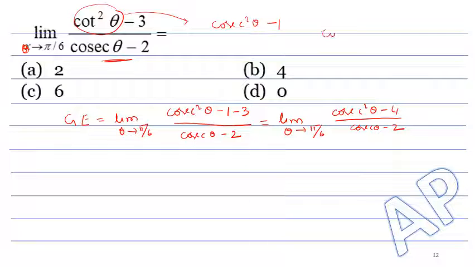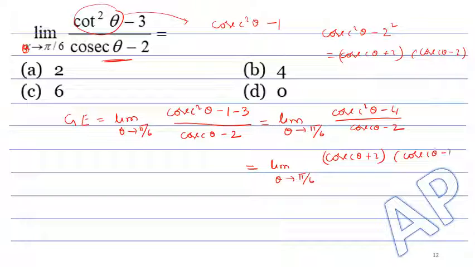You can observe the numerator cosecant square theta minus 4 is nothing but cosecant square theta minus 2 square, which can be written as (cosecant theta plus 2) into (cosecant theta minus 2). That is, a square minus b square is (a plus b) into (a minus b). Therefore, the given limit becomes the limit as theta tends to pi by 6 of (cosecant theta plus 2) into (cosecant theta minus 2), that is the numerator, divided by (cosecant theta minus 2) in the denominator.